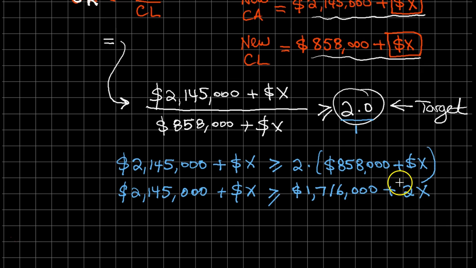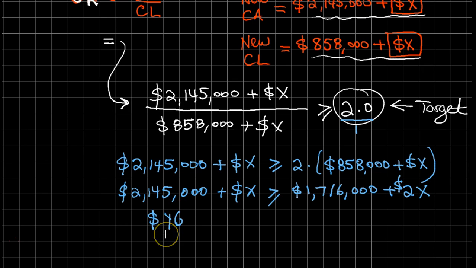I will move all the X's onto the right hand side and all the numbers onto the left hand side. Obviously I need to subtract $1,716,000 from $2,145,000.